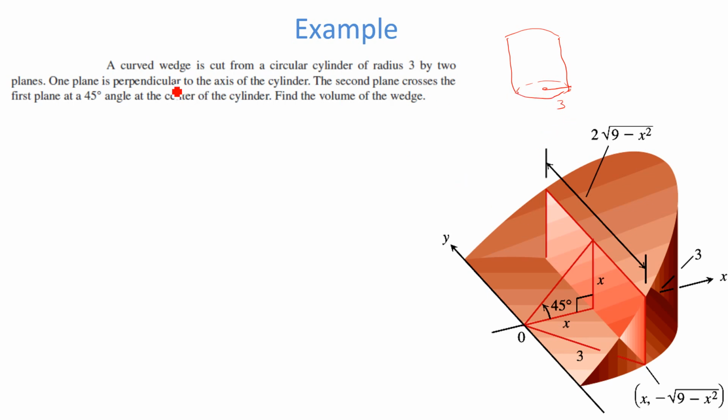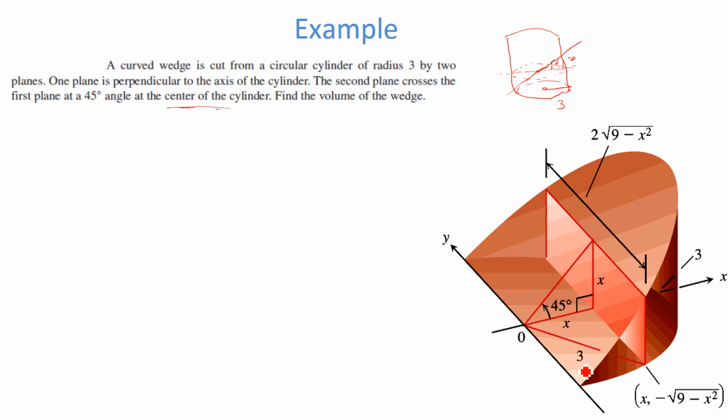One plane is perpendicular to the axis of the cylinder, that is parallel to the base, and this is going to be the base of the wedge. The second plane crosses the first plane at a 45-degree angle at the center of the cylinder. So the next plane will be passing through the center at a 45-degree angle. This is the closer view of the wedge.